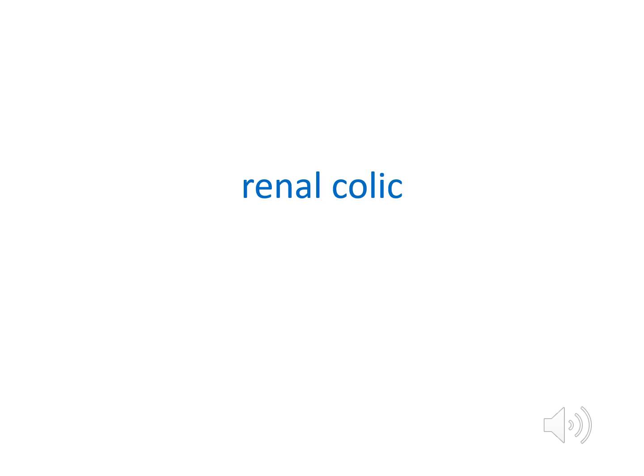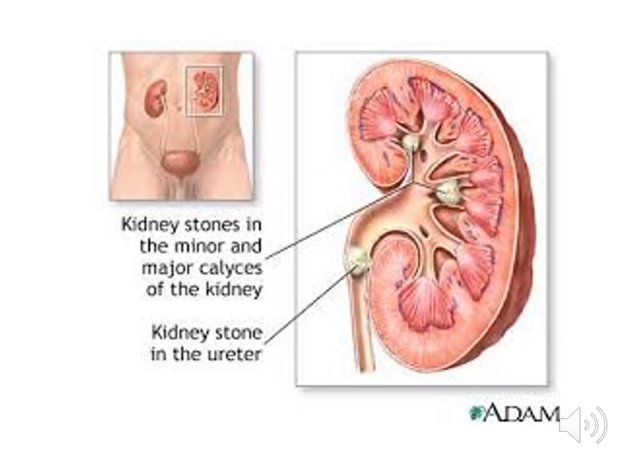Now, the renal colic type of pain is usually what occurs if the kidney stone gets stuck in a ureter. Every now and then, the stones actually don't get stuck in a ureter. They're actually in the renal calyces. So in this picture, you can see there are two stones in the renal calyces. If the stones are there, they're probably not going to generate the colicky type of pain.